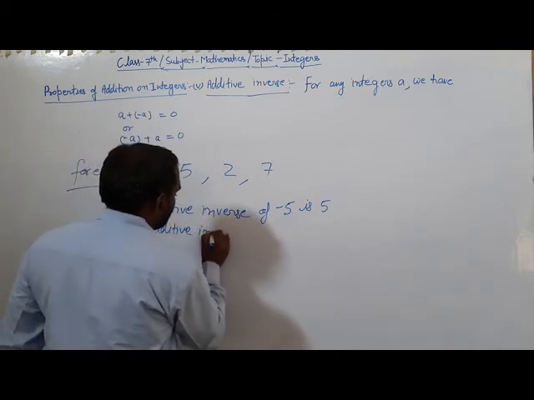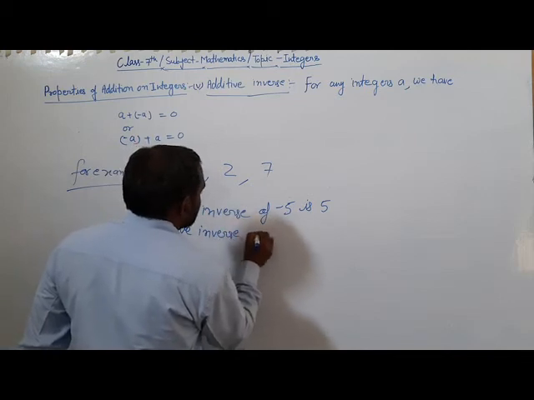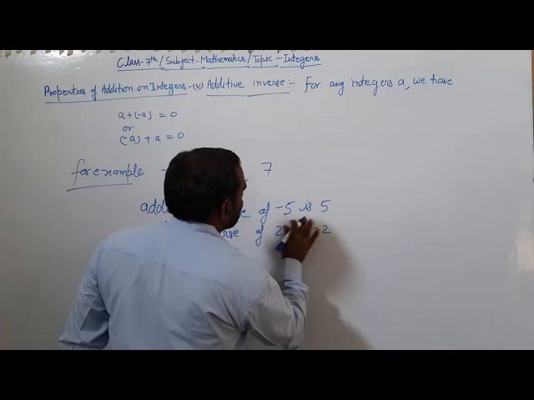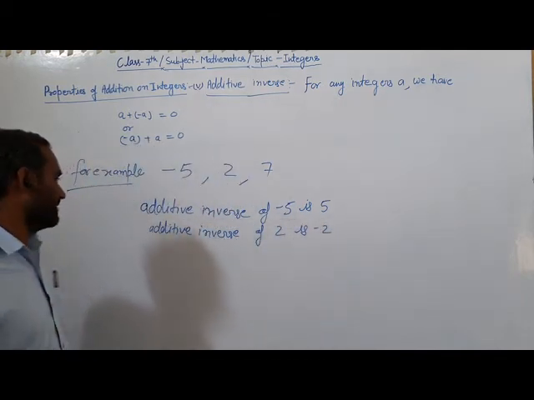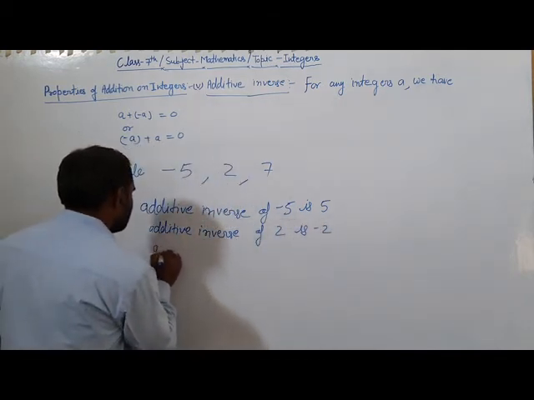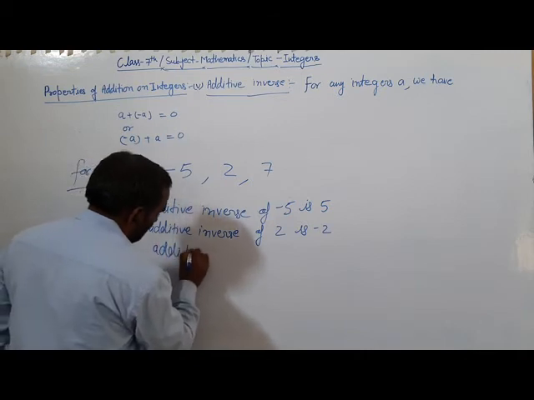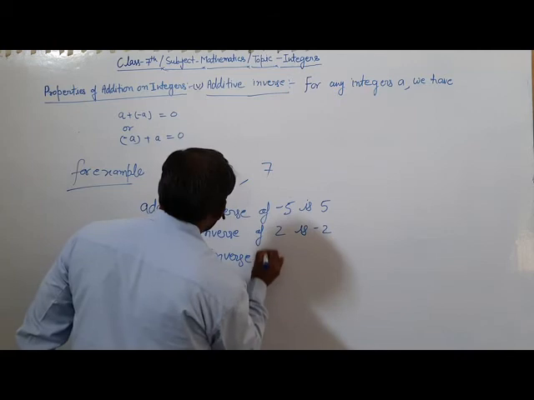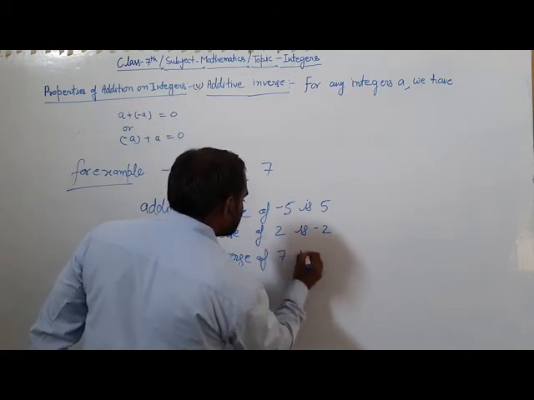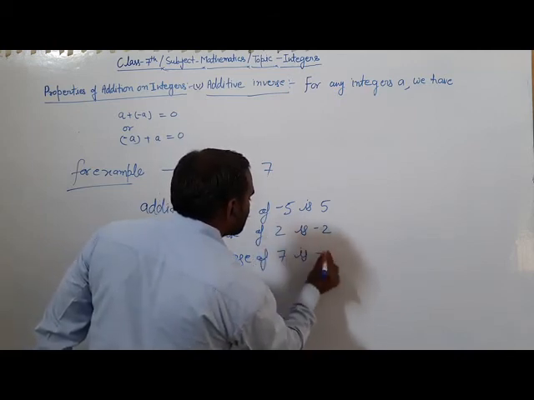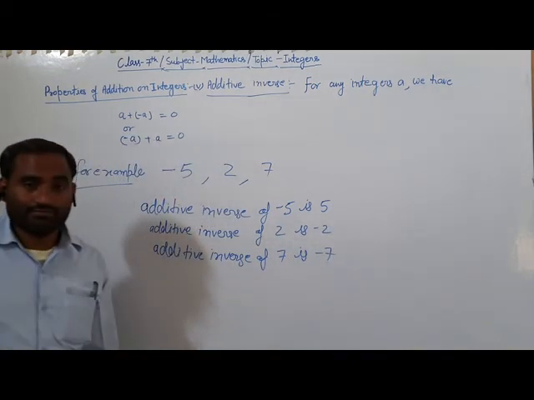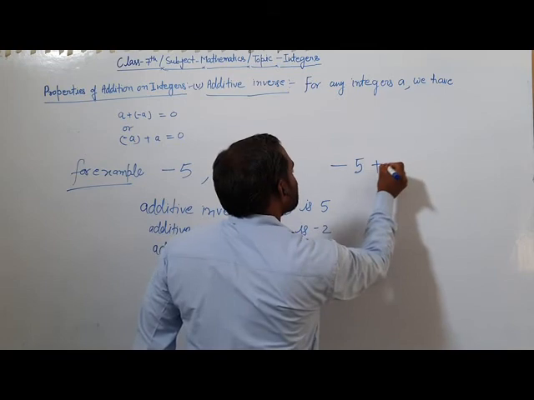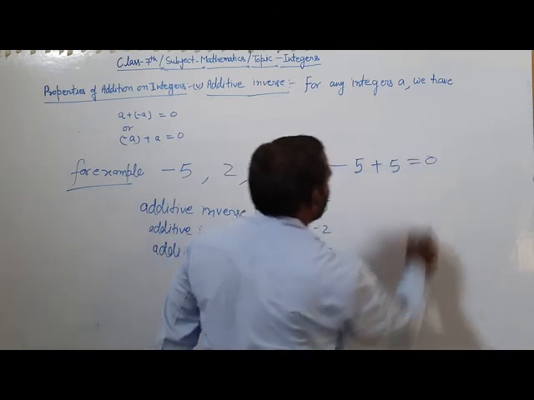The additive inverse of 7 is -7. If we add -5 plus 5, it is equal to 0.